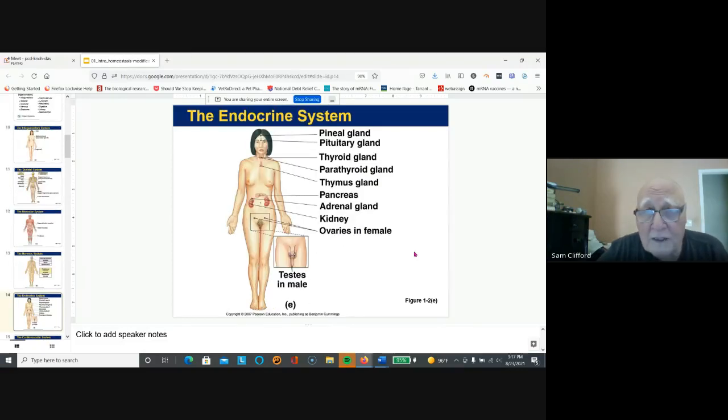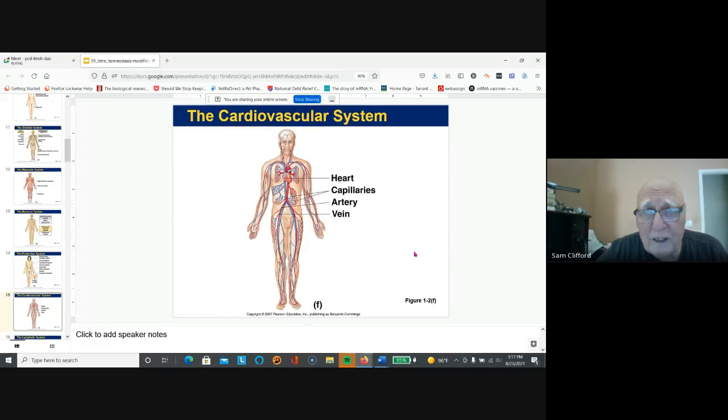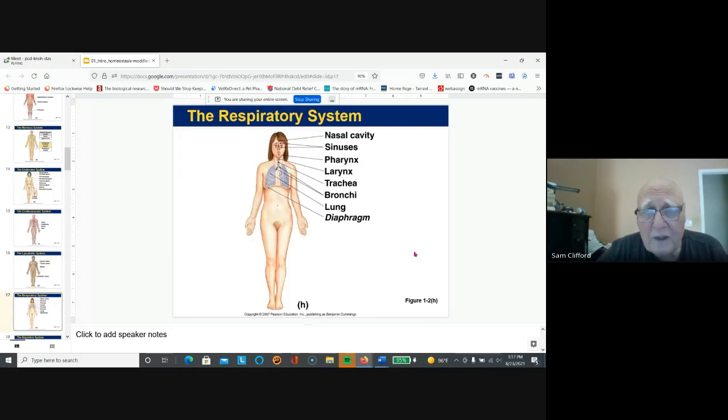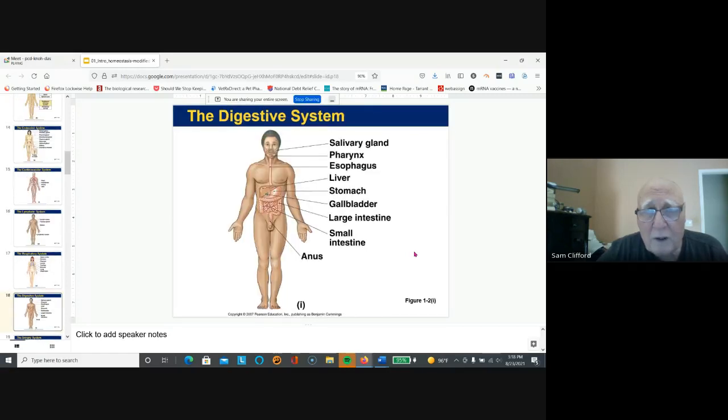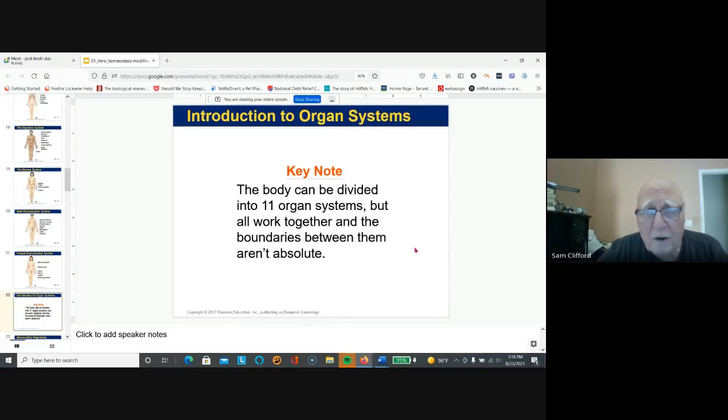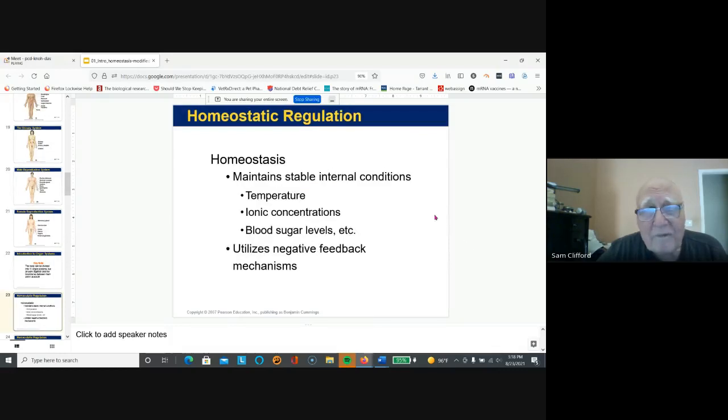We'll get to endocrine system in AMP2, cardiovascular AMP2, lymphatic in AMP2, respiratory, so on, so on, so on. Okay, so we're going to cover skeleton, muscles, nerves, skin.